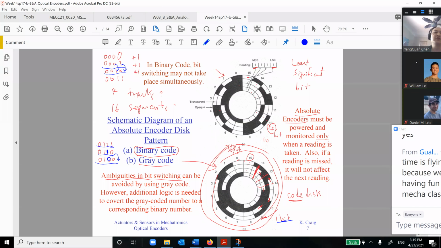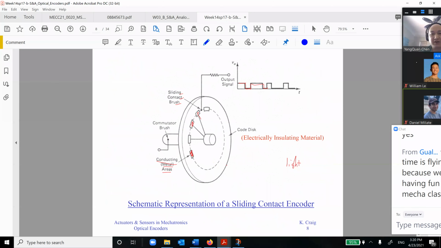But if you need 10 bits, now I have 4 bits, it's 4 tracks. So if you need 10, you need 10 such tracks. Then that disk is hard to make. It's more expensive. So that's an absolute encoder.